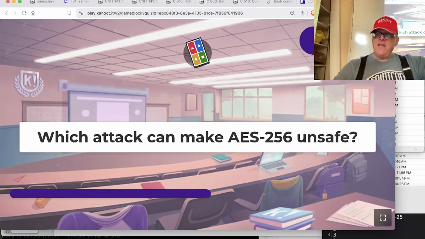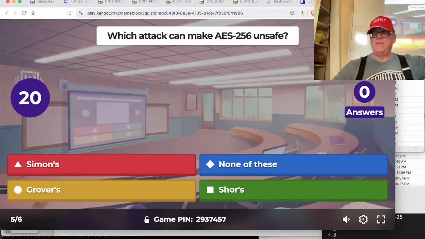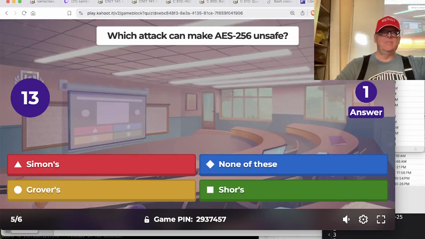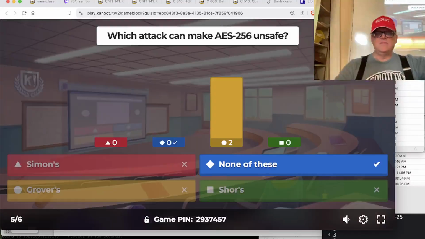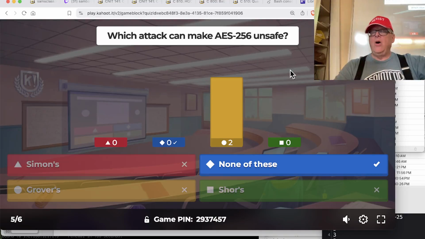All right, what attack can make AES 256 unsafe? None of them. AES 256 is fine. None of these attacks can break it. We don't need to replace it. All the attack will do is lower the complexity down to 2 to the 128 operations, and that's still impossible.